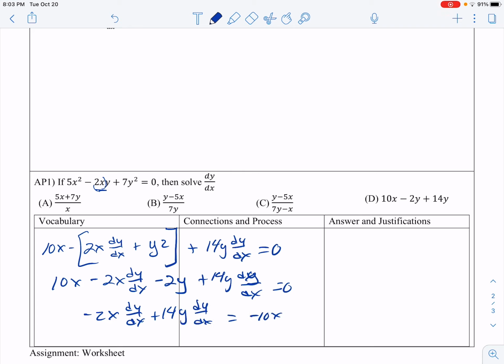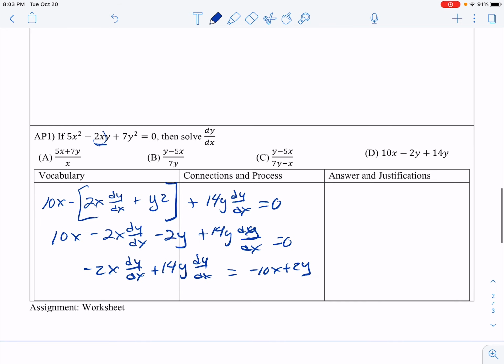Negative 10x plus 2y. And then I'm going to factor out the dy/dx. And I get negative 10x plus 2y over negative 2x plus 14y. And it doesn't look like any of my answers, so what do I have to do? Let's see, factor out a 2.